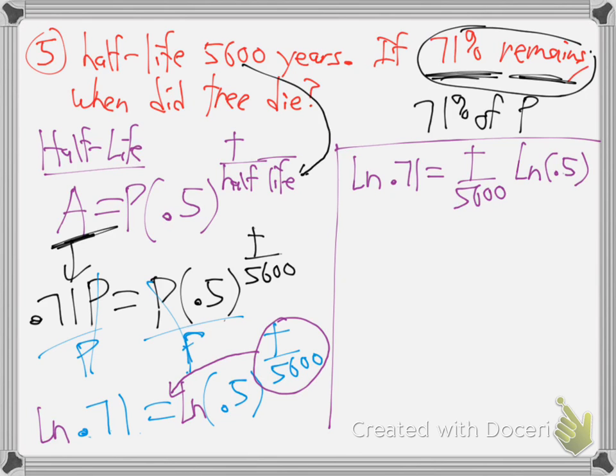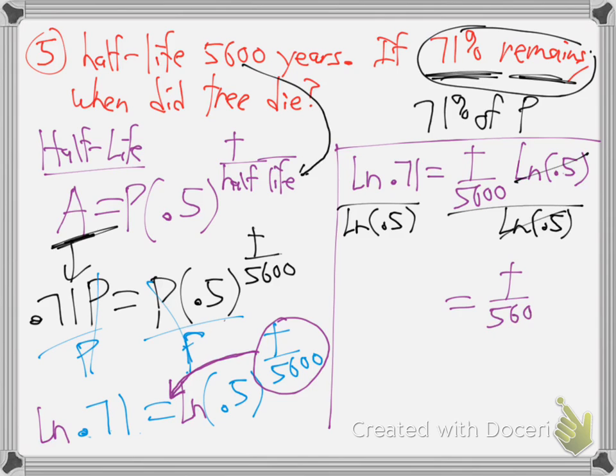See how that whole T thing just dropped down when you ln both sides. Now we're trying to solve for T, so we should divide off the ln 0.5 on both sides, and we get T over 5,600 is ln 0.71 over ln 0.5.